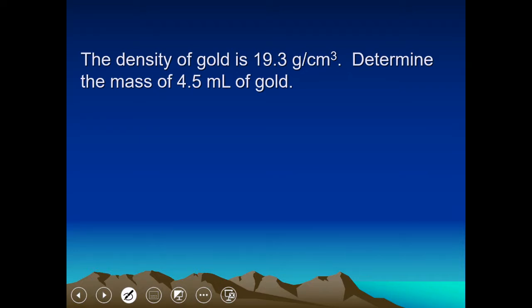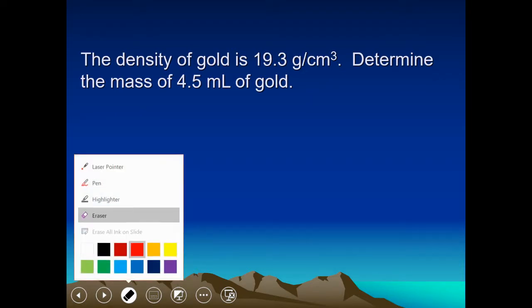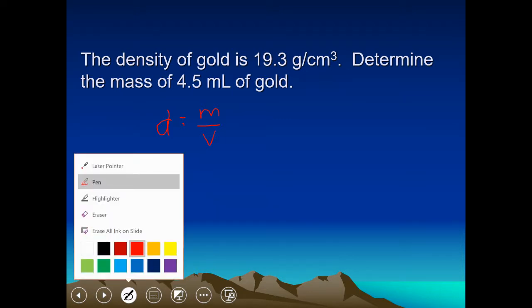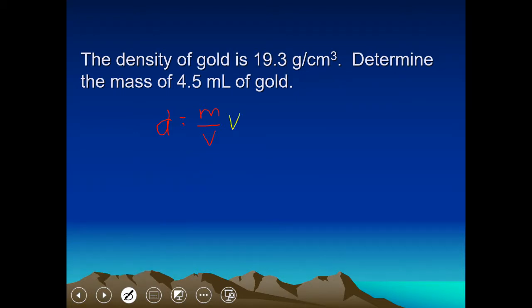But if you're trying to determine the mass, you have to take your density equation and rearrange it to solve for the mass, which means that we can multiply both sides by volume. So density times volume is going to equal the mass, because over here they'll divide out.